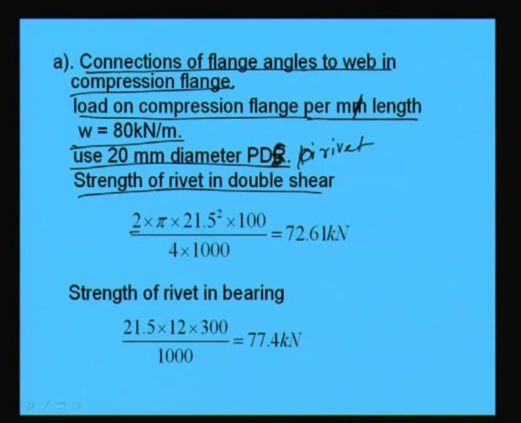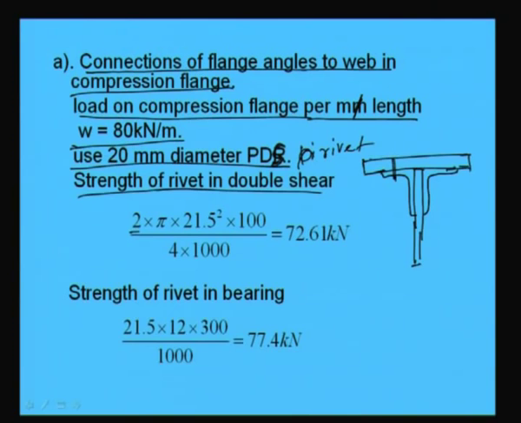Why double shear? Because if we see, suppose this is the web and this is the flange of the plate girder, so top flange, right. Now, we are going to use some angle here, similar to the bottom also.